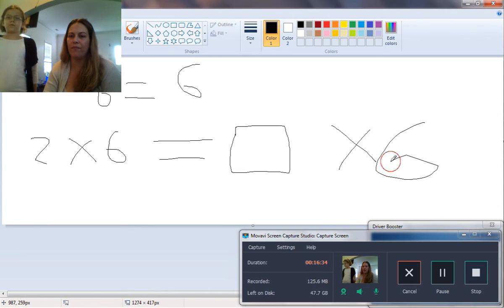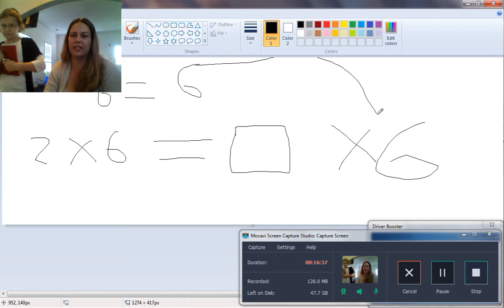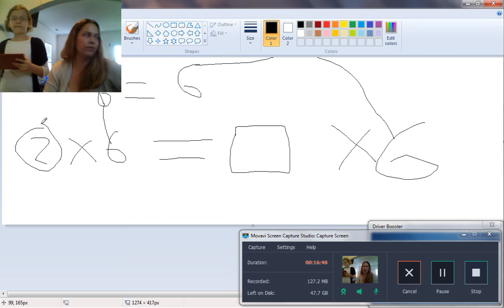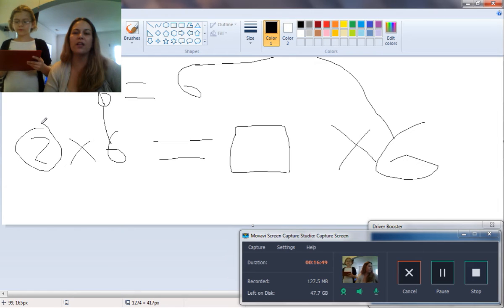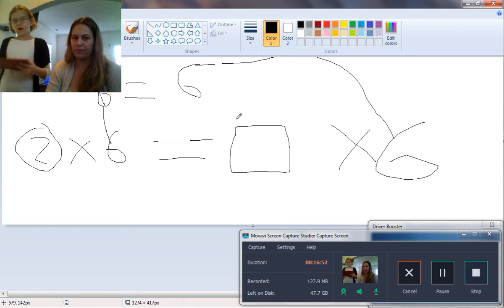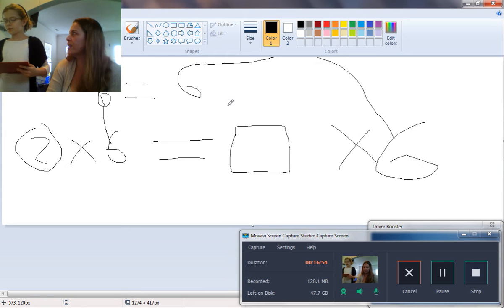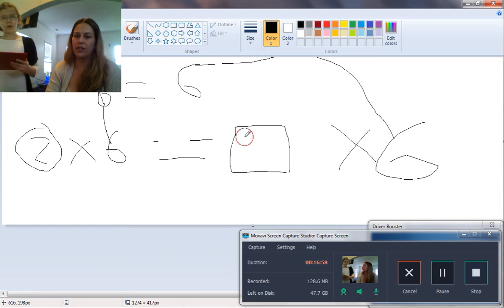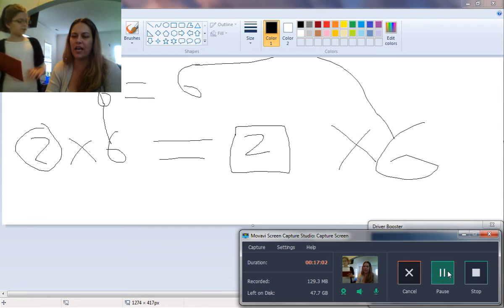So, I will show you again. 6 finds 6 here, and obviously this 6 finds this 6. So where is our other 2? Where's our other 2, Skylar? Do we have another one? No, so we have to bring it over here. Yeah, that's right, we have to put it in there.